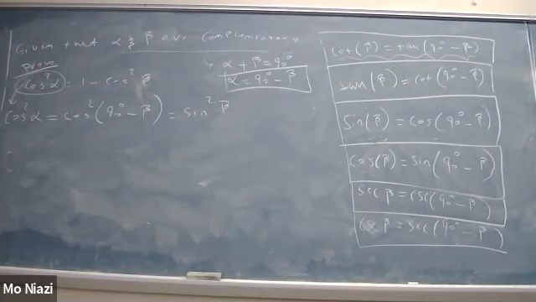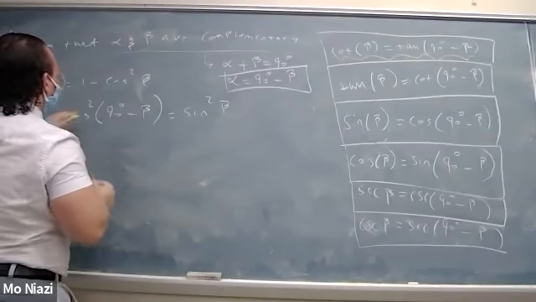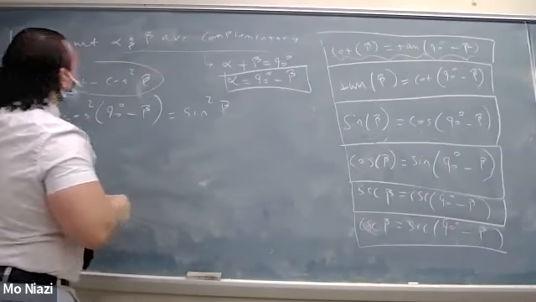What now? I want to show that this, what we're starting off with, ends up equaling this. This is what I want to show. How do I show it?